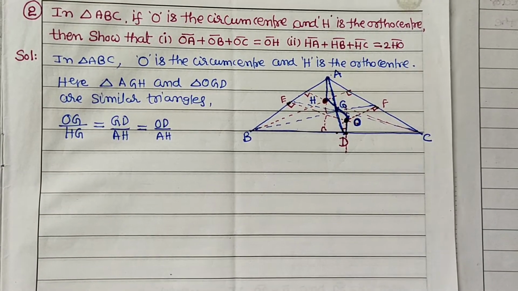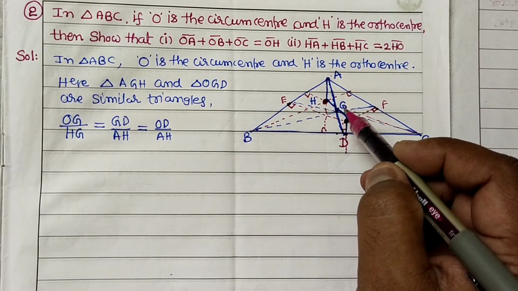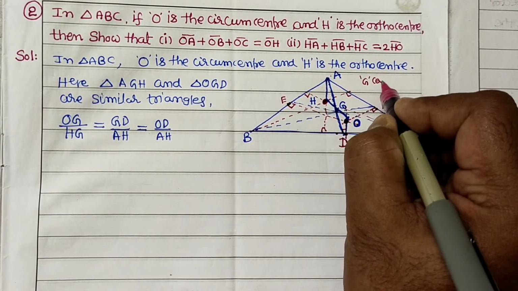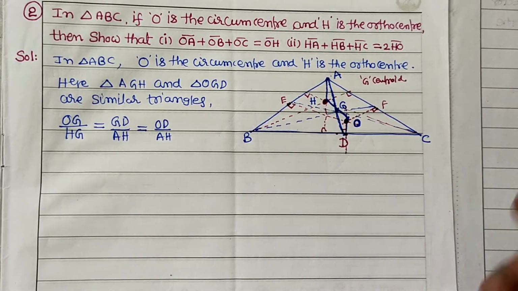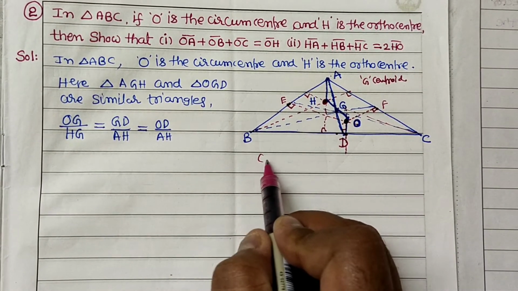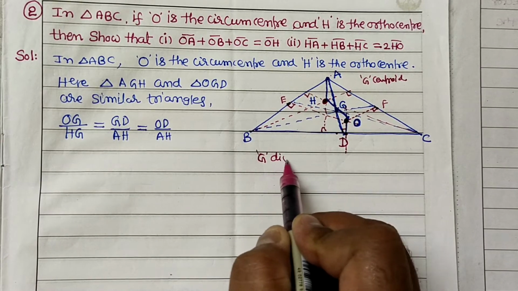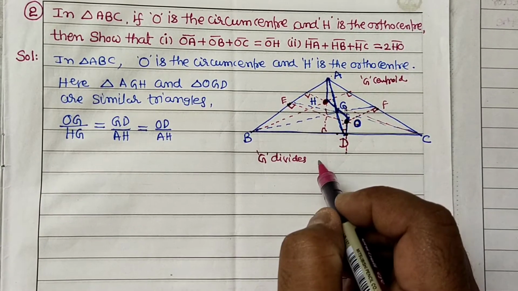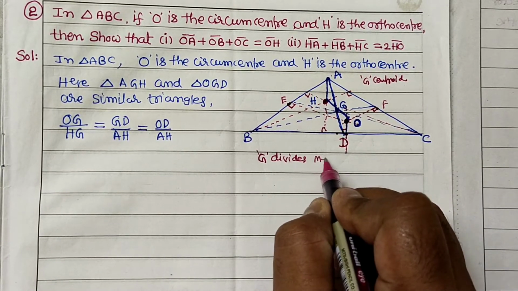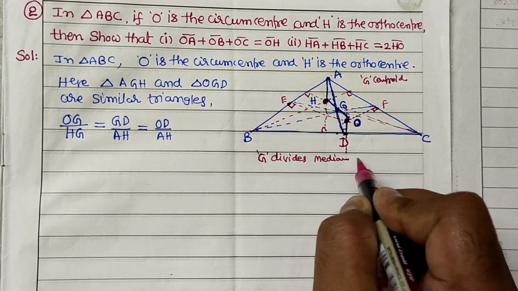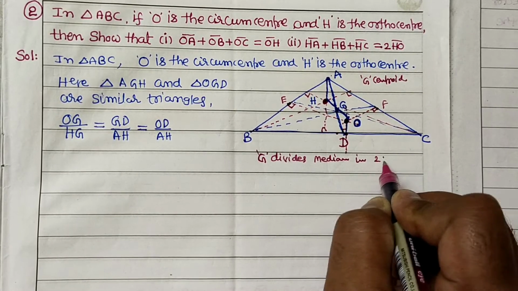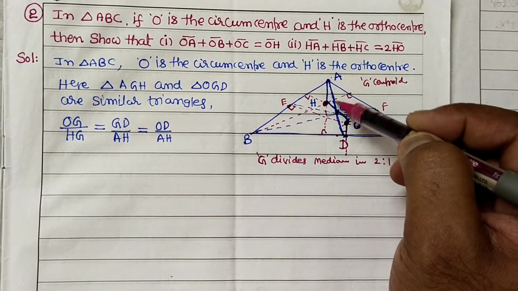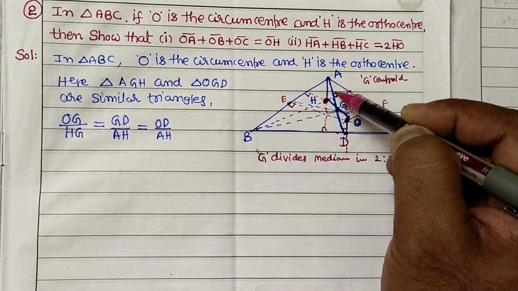After that, very, very important. What is G here? G is the centroid. We know that centroid G divides the median AD in the ratio of 2:1. So AG value, this is 2:1.